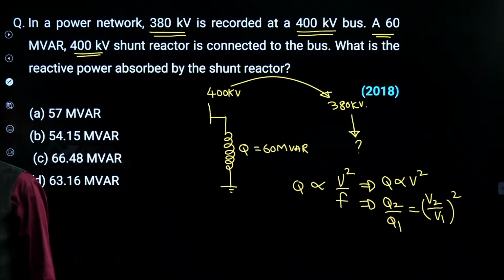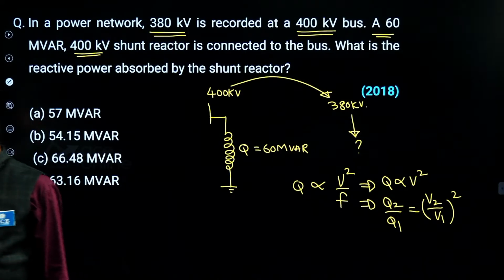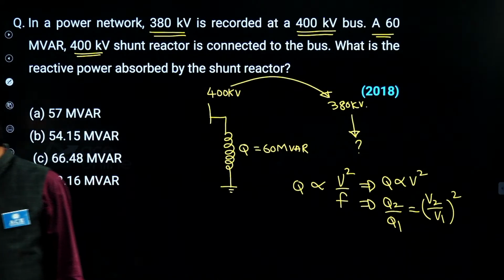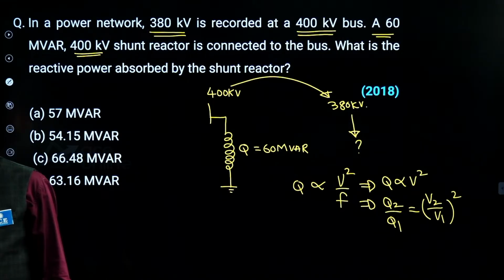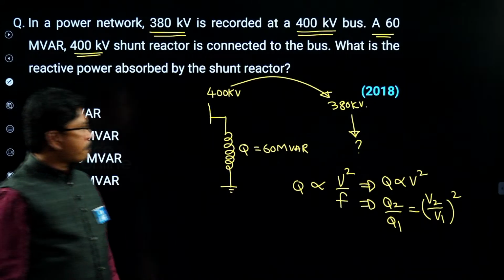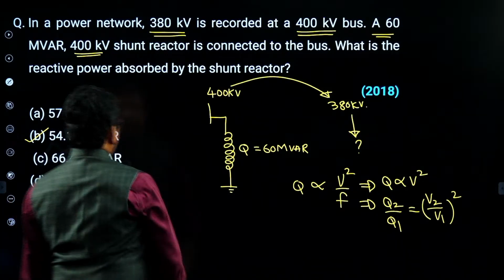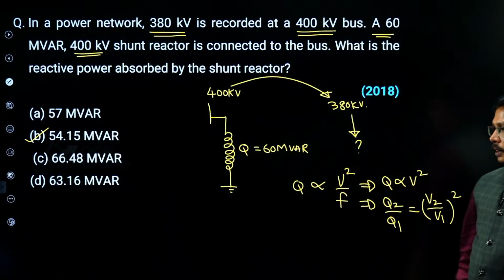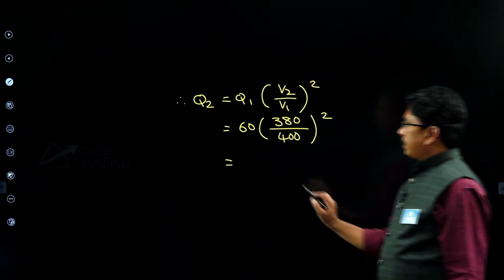It is 60 into 380 divided by 400 whole square. 54.15, right? 54.15 students, please check it. You are getting it as 54.15.